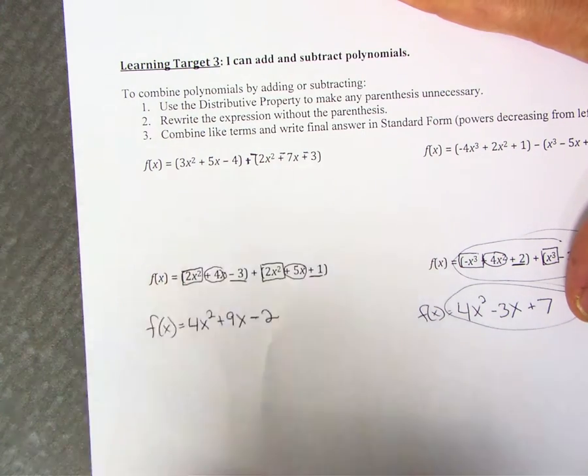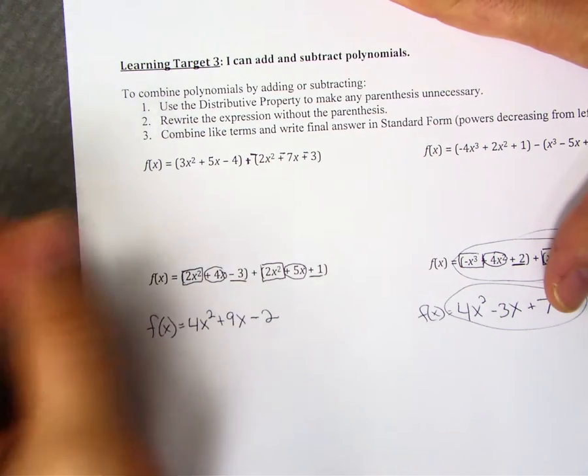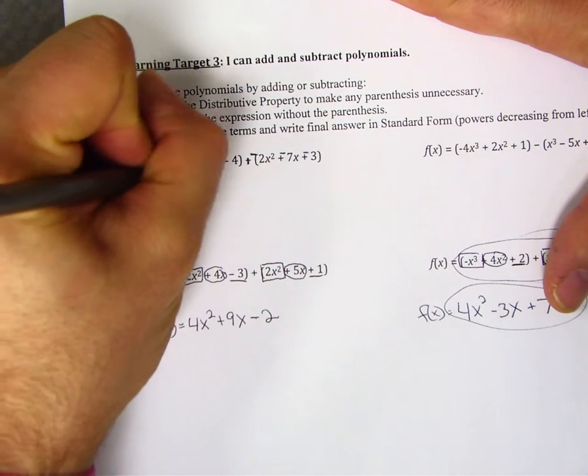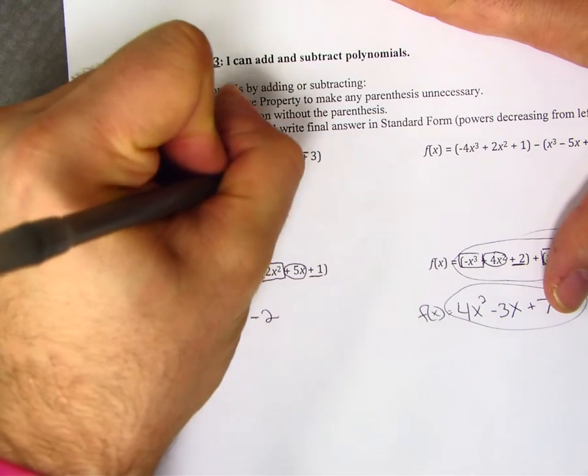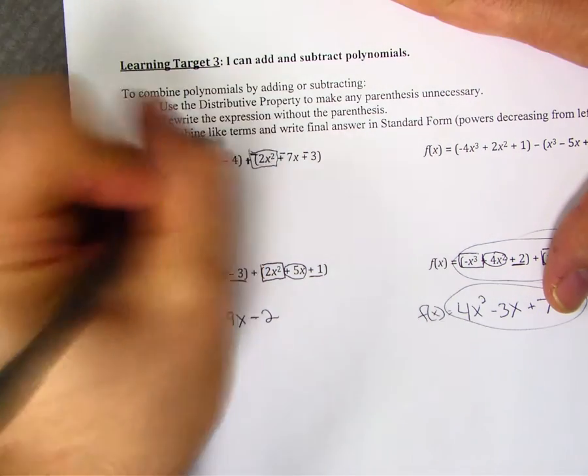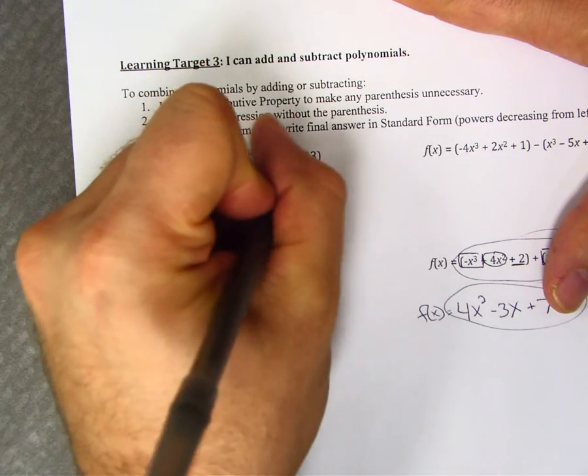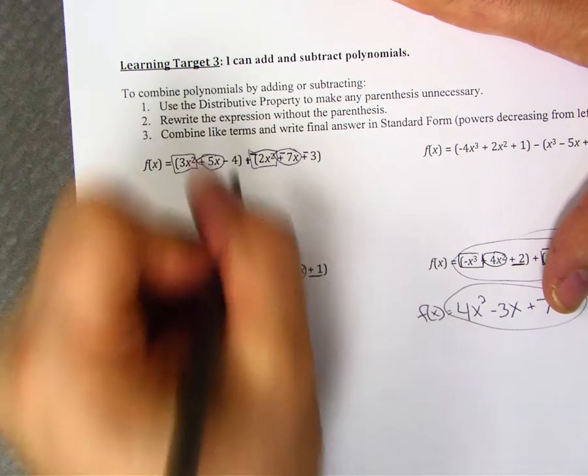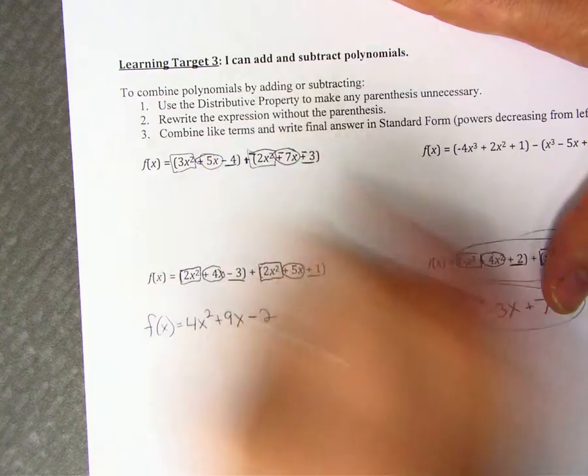So now, once we've done that, all we've got to do is the exact same thing we did on the bottom. I've got the 3x squared, I've got a negative 2x squared, I've got the 5x and the negative 7x, and I've got the minus 4 and the minus 3.